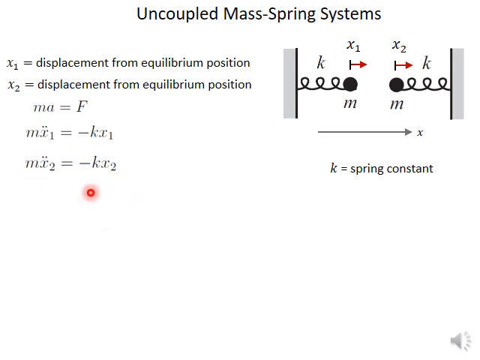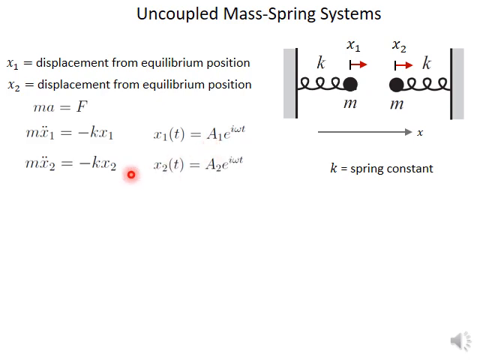So what are the solutions of these equations? These are eigenvalue problems, both of them, and we well know their solutions. There are sinusoidal solutions in time. So the displacement of mass 1 is an oscillatory function of time with a certain amplitude of oscillations.